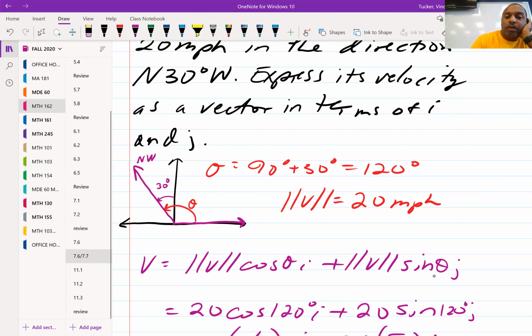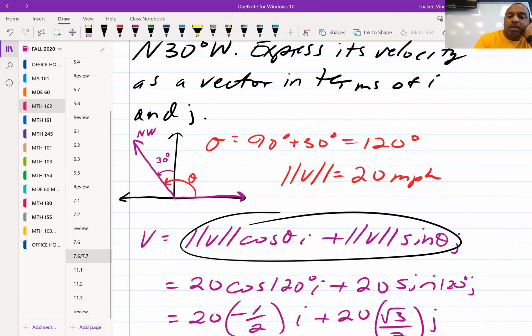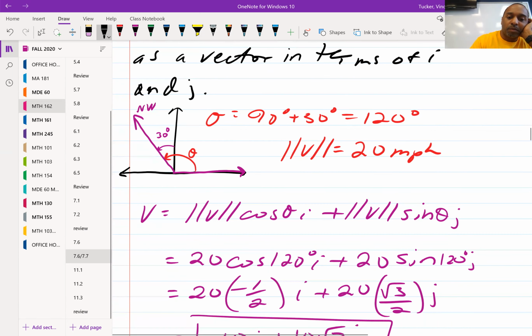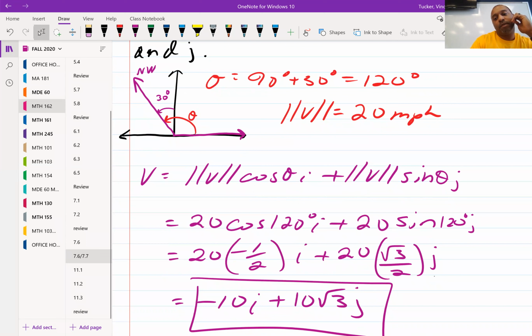Okay. So then from there, you just go ahead and plug in what we've already labeled. So that's 20 cosine of 120 degrees I plus 20 times sine of 120 degrees J. Cosine of 120 is negative 1/2. Sine of 120 is square root of 3 over 2. Simplify that.